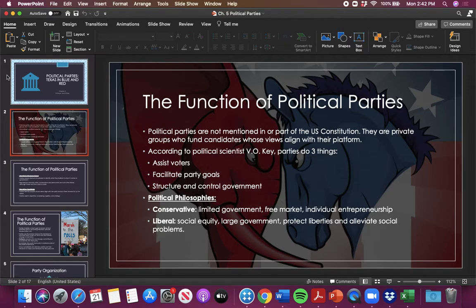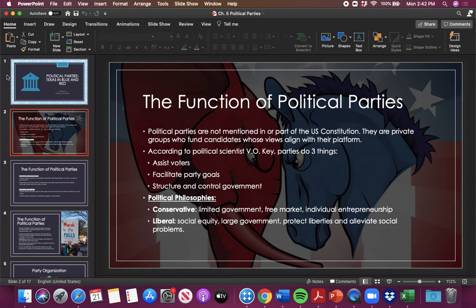Some people tend to not like the idea of political parties, but there are three things that political parties do. One, they assist voters. Parties do kind of help voters understand where they are in the political system, what they agree with, what they don't like.